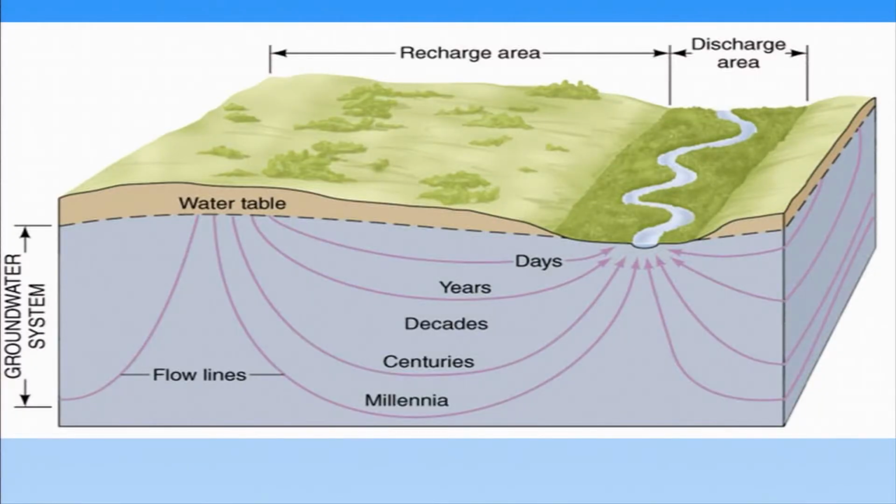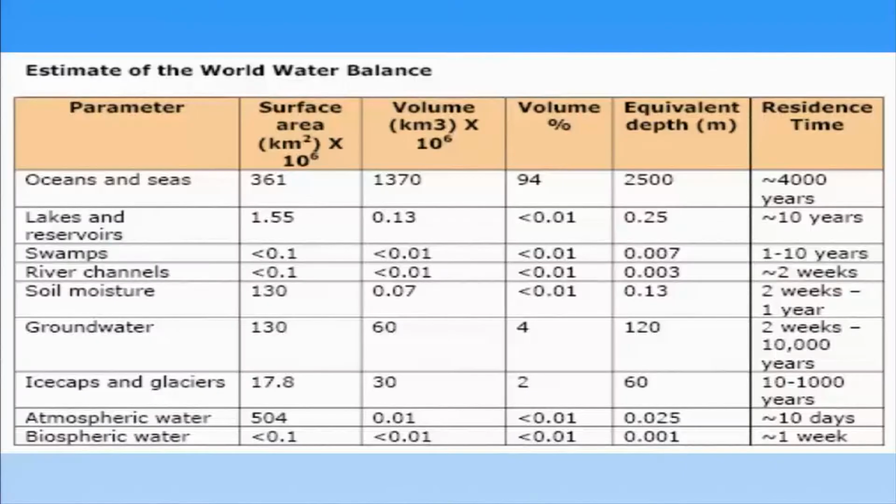Near the surface it may take days, then years, then further deeper centuries, decades and millennia. Now, we have already discussed this in the previous lecture, so I'll just move ahead.